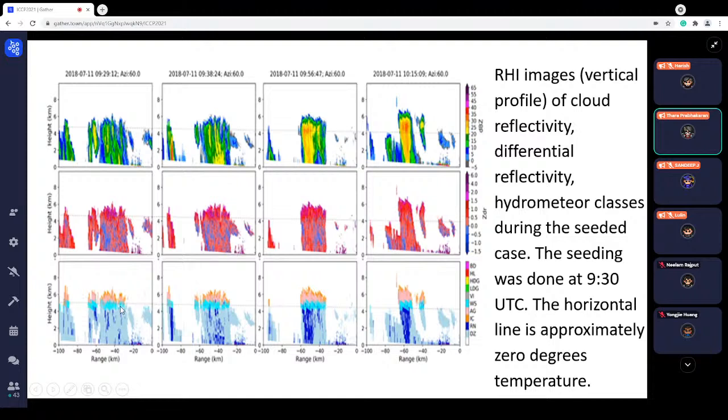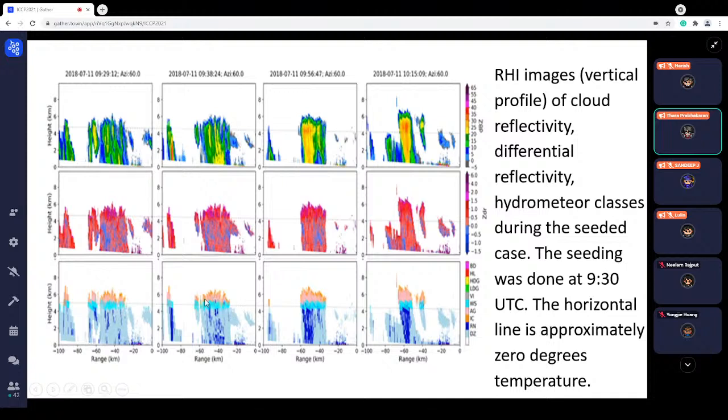You can see initially, in the lower plot, it has ice particles at the top, and then there are some aggregates, which was also seen by the aircraft observation. Then there is snow, wet snow, and then there is raindrop.